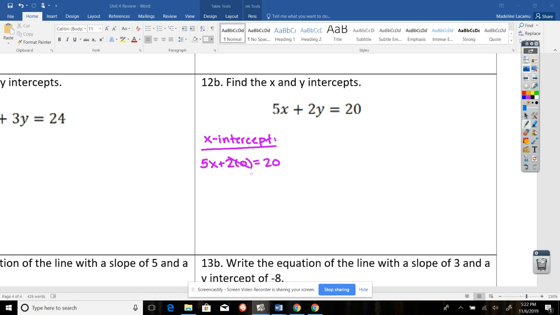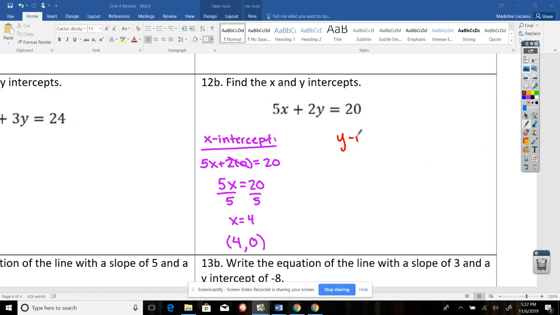We don't need that, so we can just cross it out. So 5x equals 20. We can just divide by a 5, which would mean x equals 4. But don't forget you have to write it as a coordinate point. So our x value is 4. And since we plugged in a 0 for y, our y value is 0.